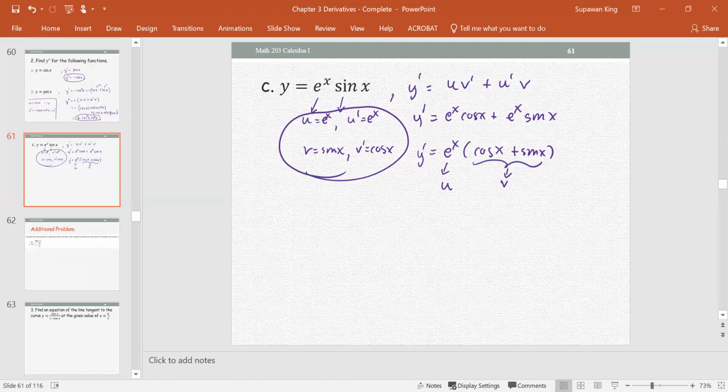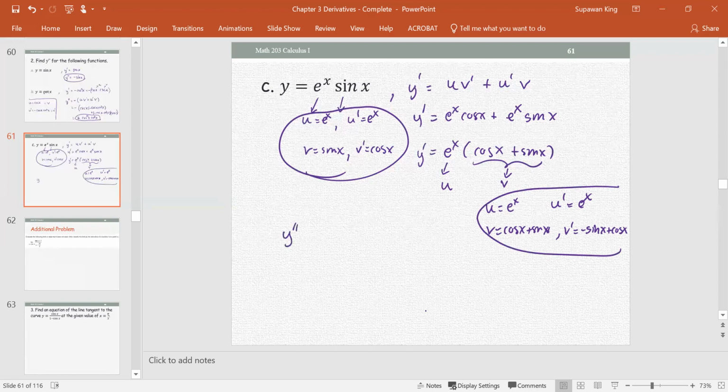On the side notes, as we know u is e to the x, u prime is e to the x. The v, which is the cosine x plus sine x, the v prime is negative sine x plus cosine x.